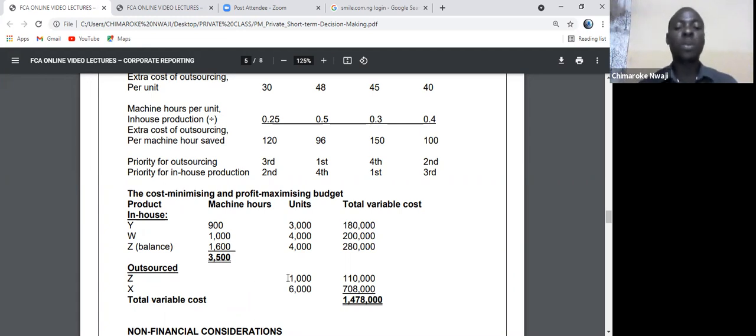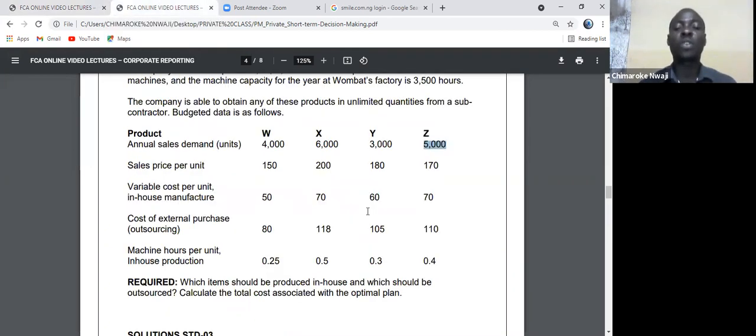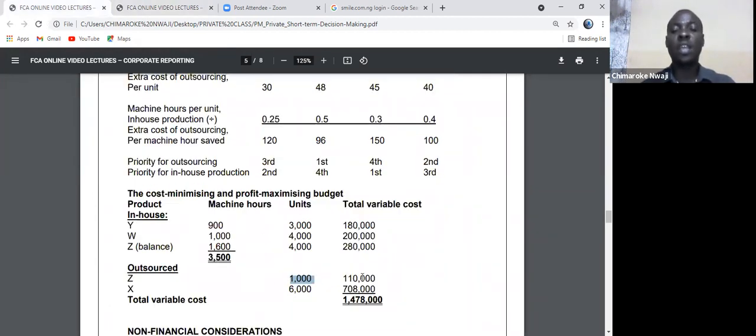But the point is we are outsourcing 1,000. And how much are we going to spend to outsource that 1,000? We're going to spend 110 naira. So 1,000 multiplied by 110 gives you 110,000 naira. So that's how we got here.